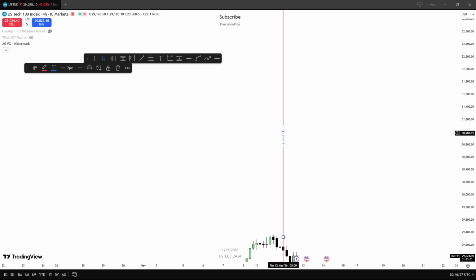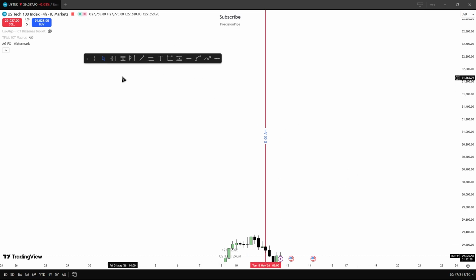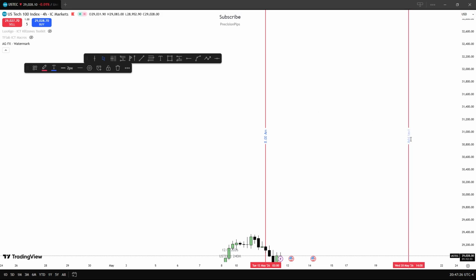So the model, you can find it from 8 a.m. New York time till 9:30, before the market index opens.